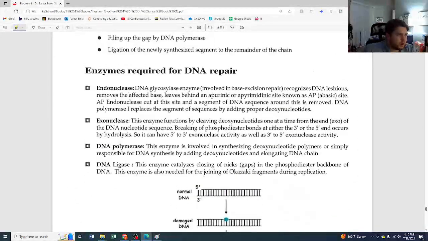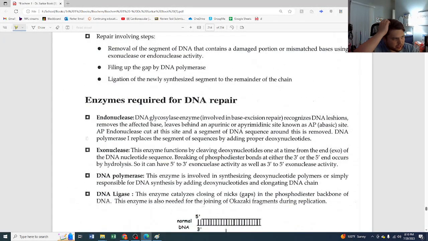The enzymes that are required for DNA repair: we have an endonuclease, so DNA glycosylase enzyme, which is involved in base excision repair, recognizes DNA lesions, removes the affected base, and leaves behind an apurinic or apyrimidinic site known as AP site. AP endonuclease cuts at this site, and a segment of DNA sequence around this is removed.